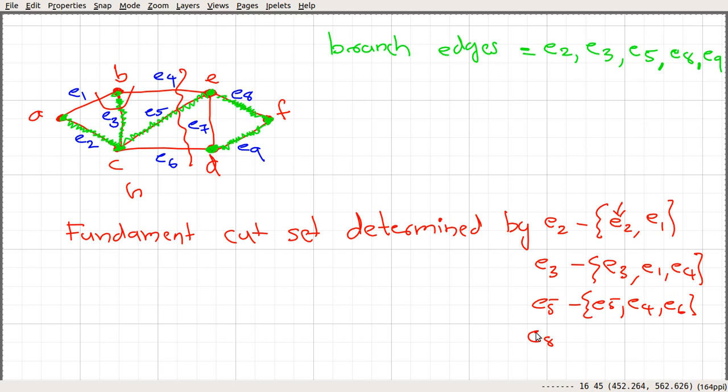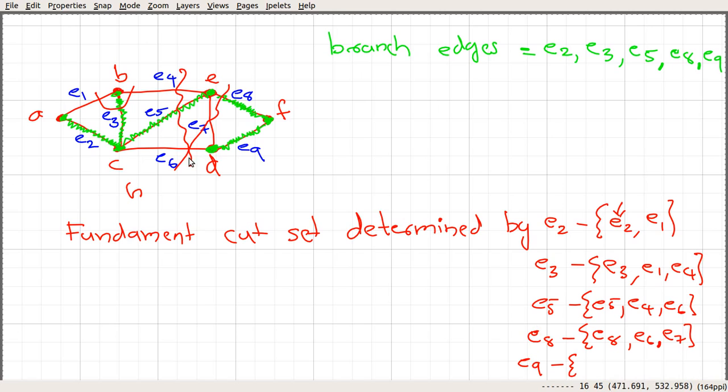So let's consider a fundamental cut set that includes E8. Okay, so E8 corresponds to this particular set: E8, E6 and E7, and I think one more, E9.